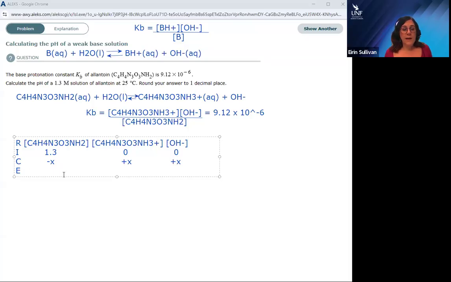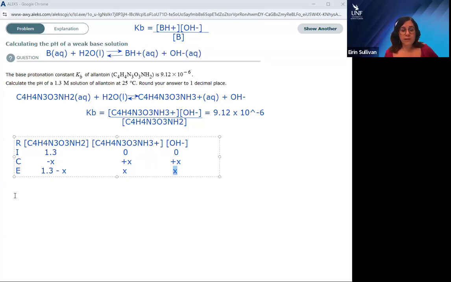To work out my equilibrium concentrations, I just add down each column. My equilibrium concentration for my weak base will be 1.3 minus X. My equilibrium concentration for my conjugate acid will be X, and my equilibrium concentration for my hydroxide will be X. And this is the thing that we are interested in solving for so we can work out pH.